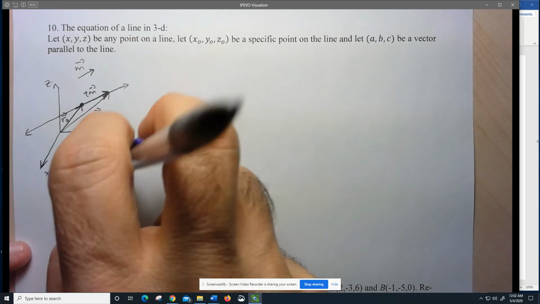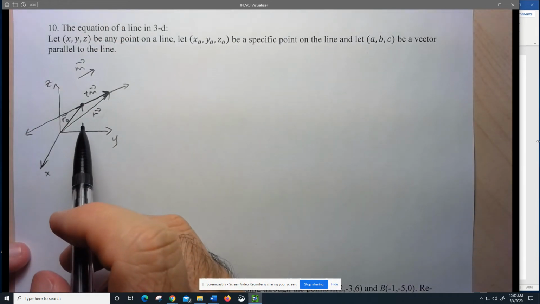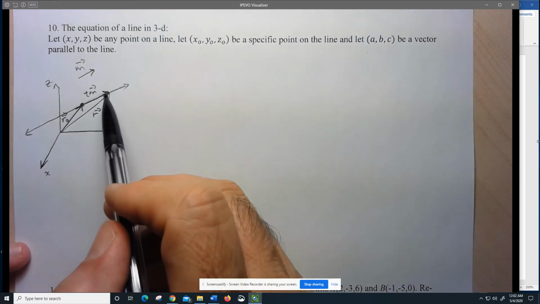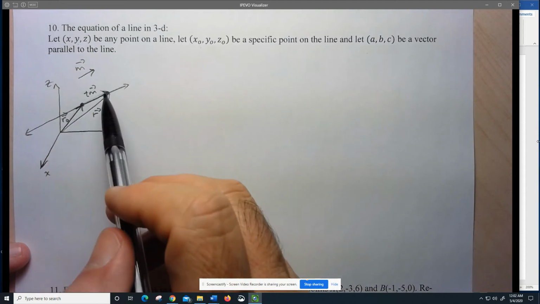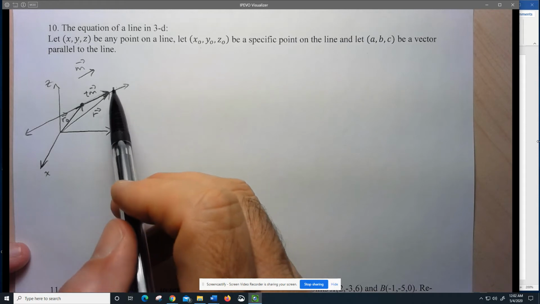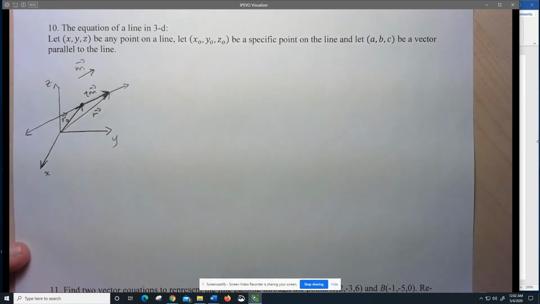This represents any point on the line. Again, it's a sum of vectors: this vector R naught plus this vector t m produces some general vector to a point on the line. And by changing the value of t, including negative numbers, I can define any point on this line.